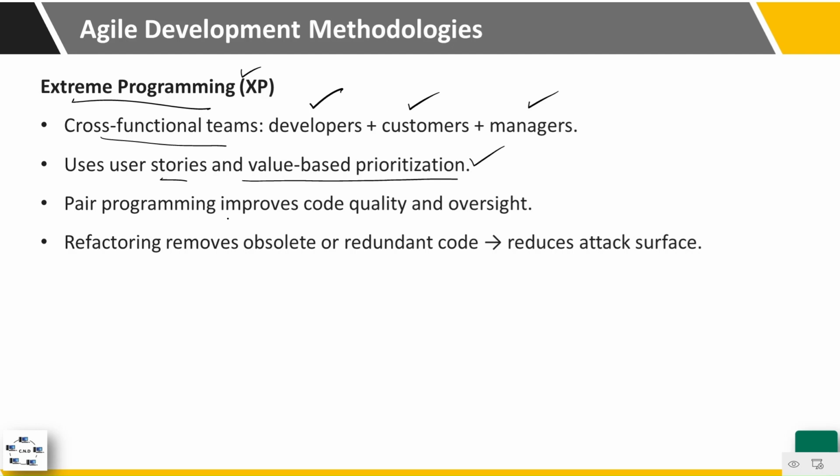Pair programming improves code quality and oversight. What does this mean? One person develops the code while the second person manually reviews the code. This improves the code quality and also includes oversight.